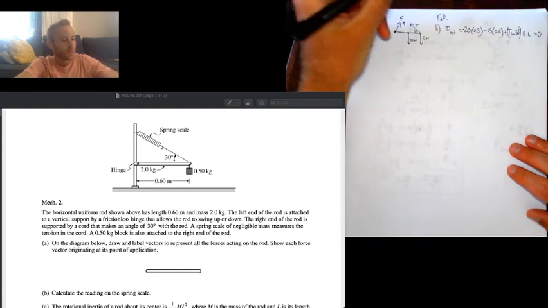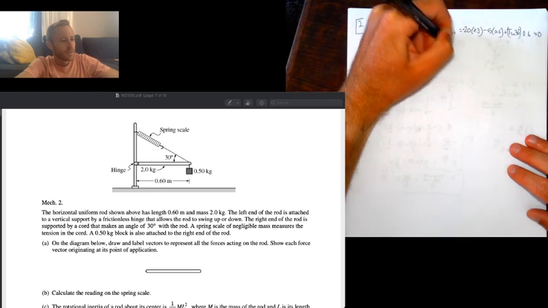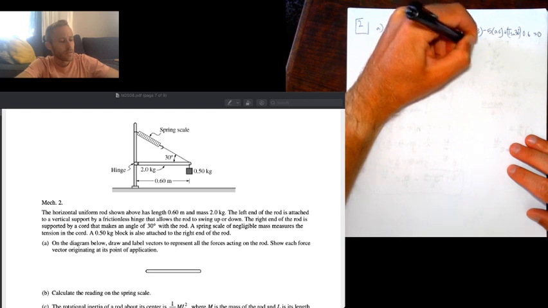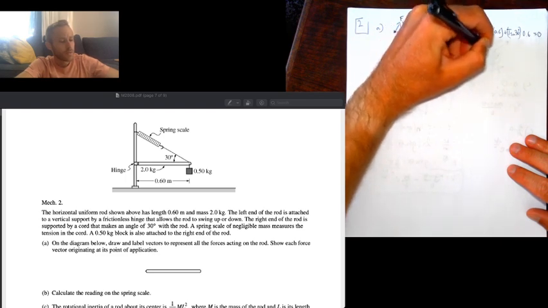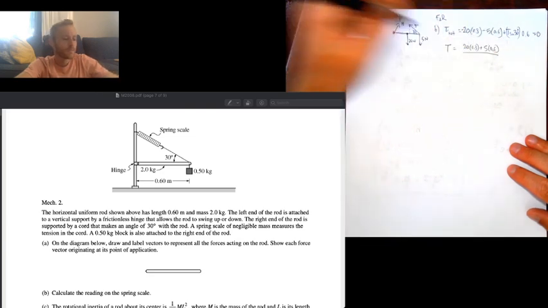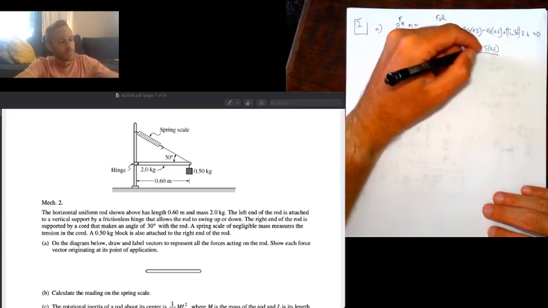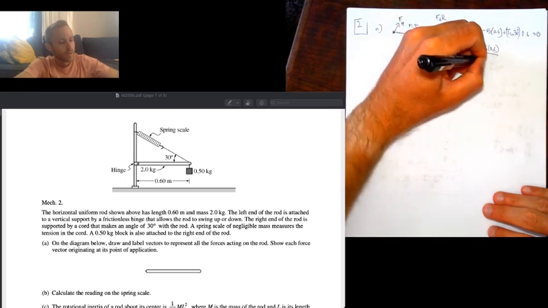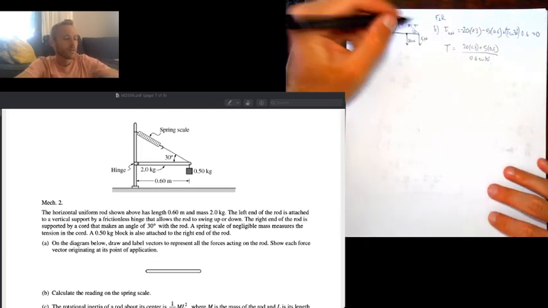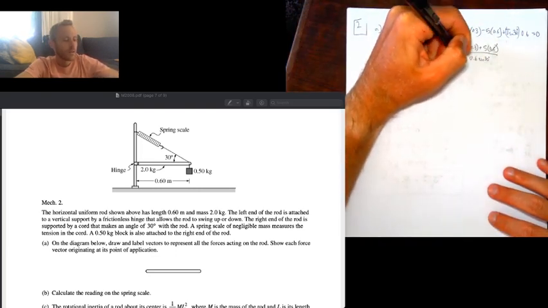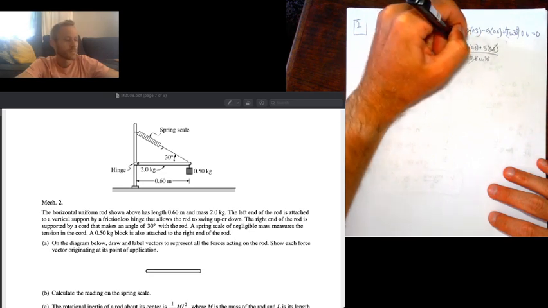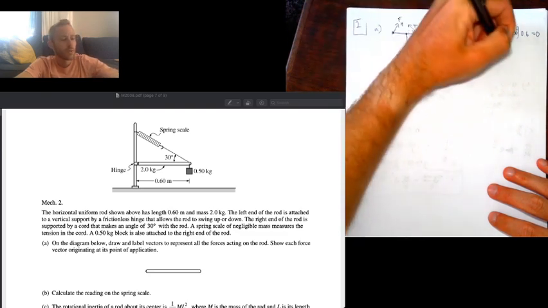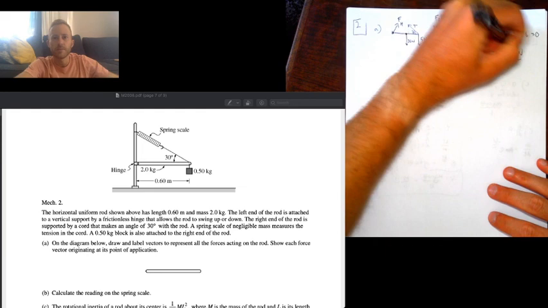So that means that T equals 20 times 0.3 plus 5 times 0.6 over 0.6 sine of 30 degrees, which is going to give 15. It's going to give 20 newtons as the reading on the scale.